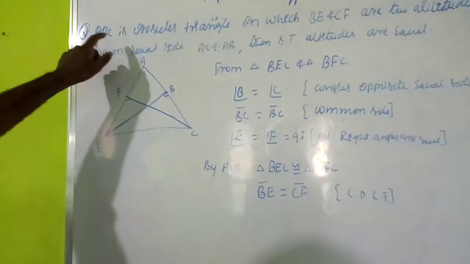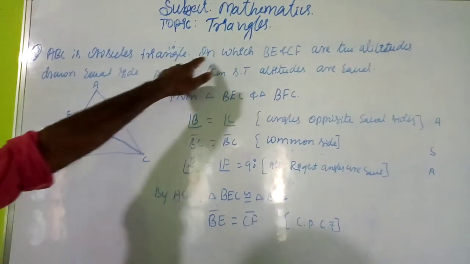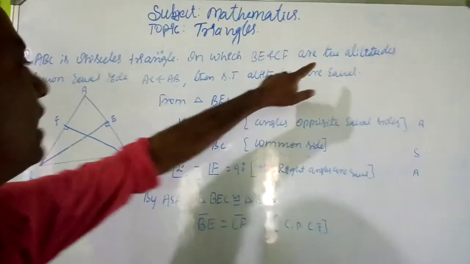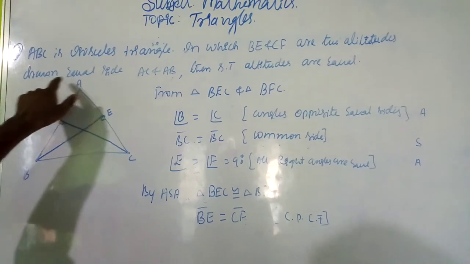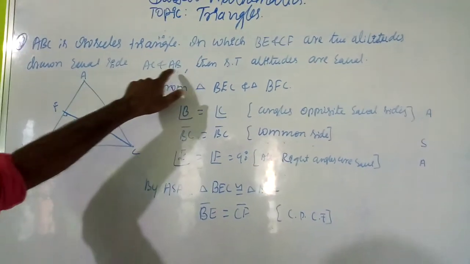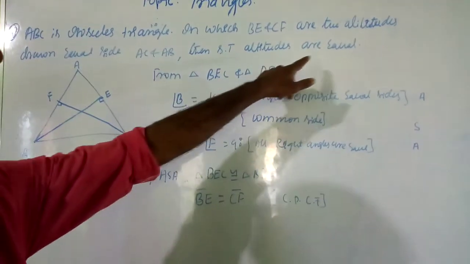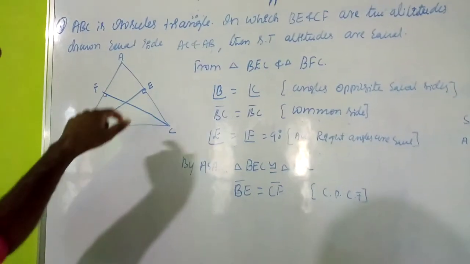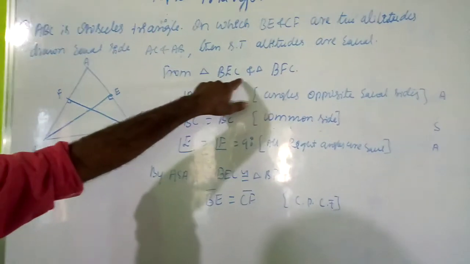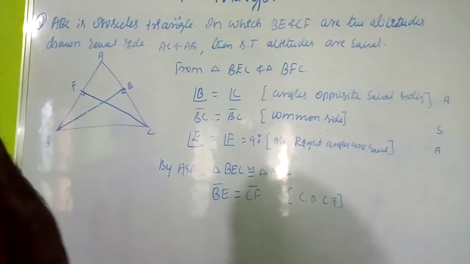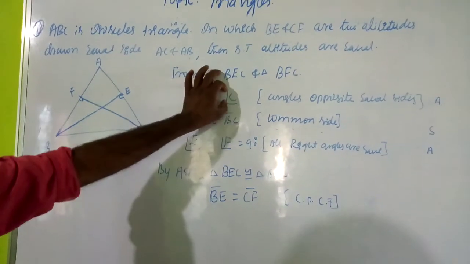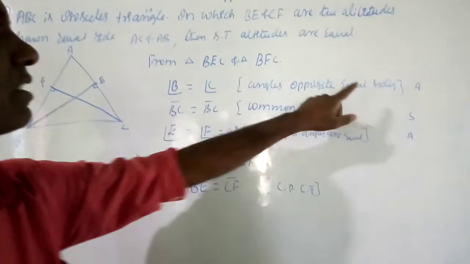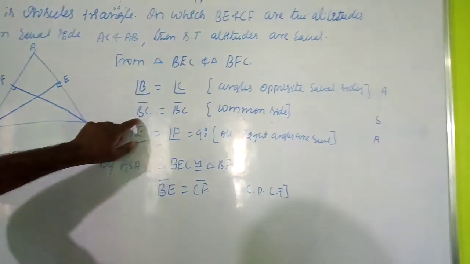Okay, so once again, ABC is an isosceles triangle in which BE and CF are the altitudes drawn to equal sides AC and AB. Then show that the altitudes are equal. So from this diagram, you can take two triangles, BEC as well as BFC. So in this, angle B is equal to angle C, angles opposite to the equal sides, that is the reason.